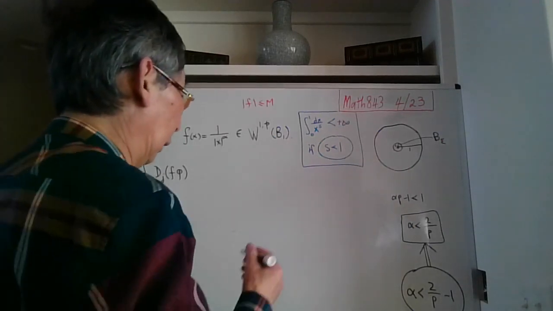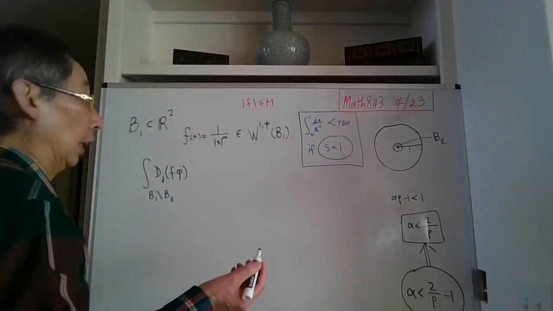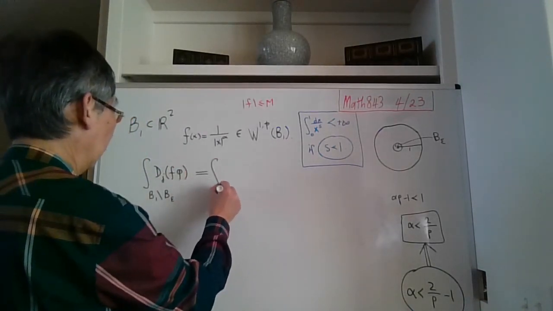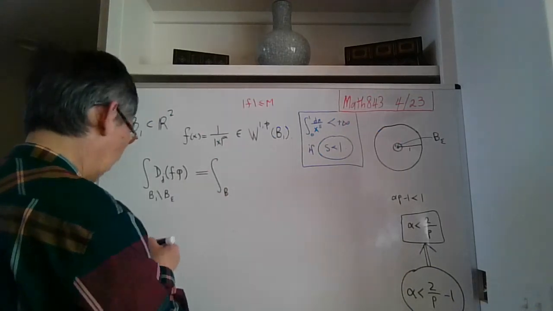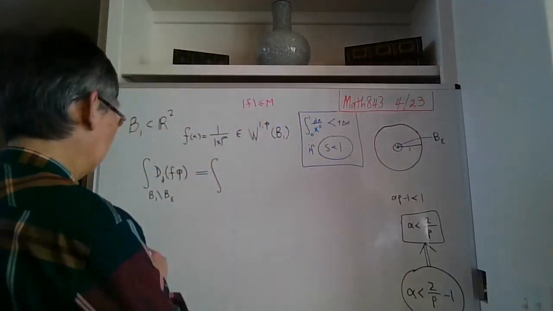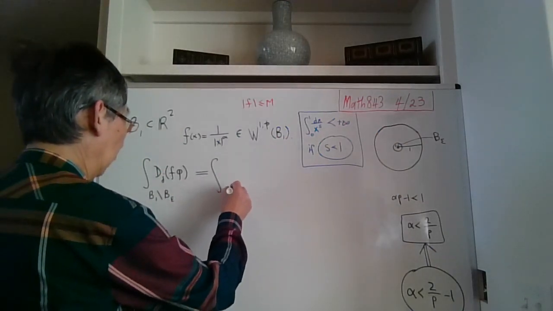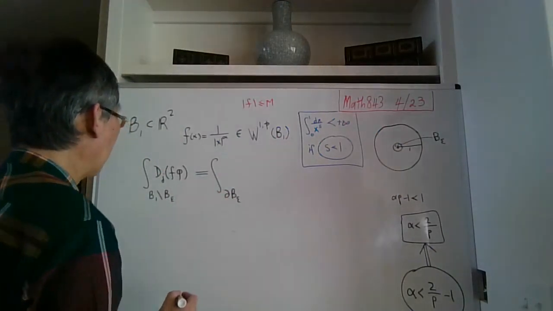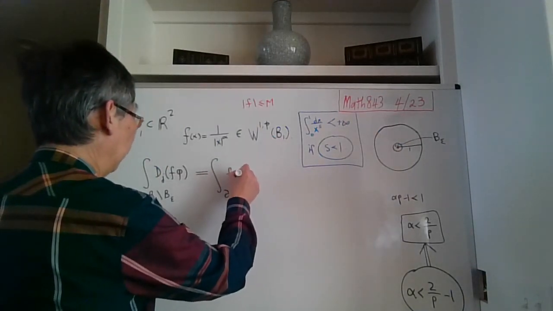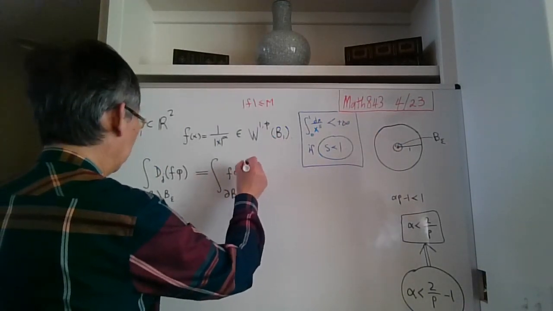Okay, do the same argument. And then you use the divergence theorem. So this will become the integration on the boundary of the b epsilon, and equals to the fj of phi, then mu j, right?